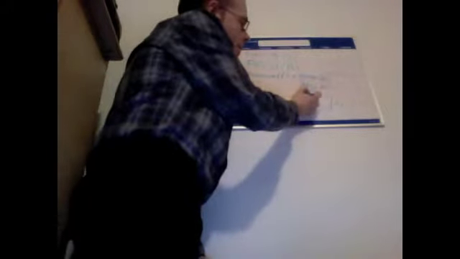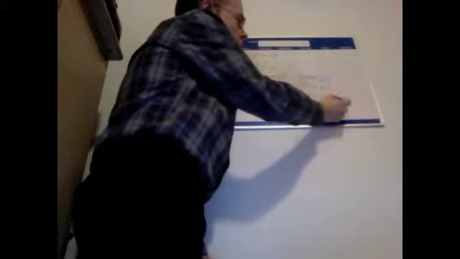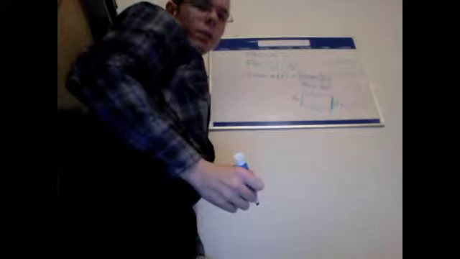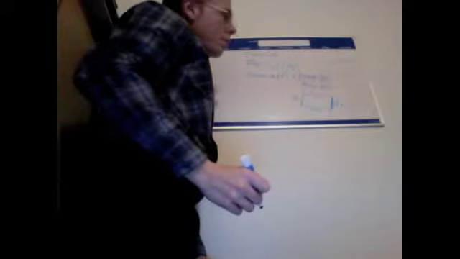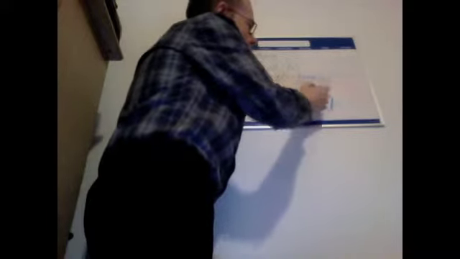Now here's why. Think of this as a meter and this as a meter. Alright? That is 1 unit of area represented by meters. Then you have the width, which is also 1.